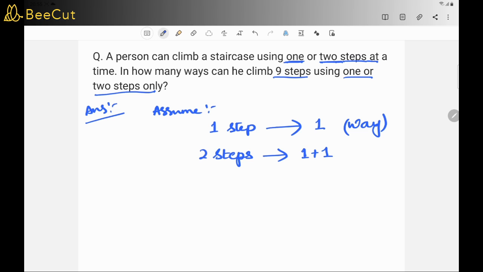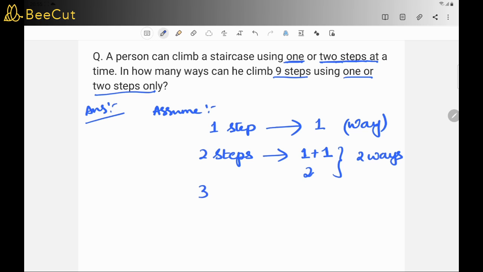First he climbs 1 step and then the second step, so he has reached the top of the staircase. Now he can climb 2 steps at a time because the question allows him. The condition is that the person can climb using 1 or 2 steps at a time. So he can climb these 2 steps in 2 ways.